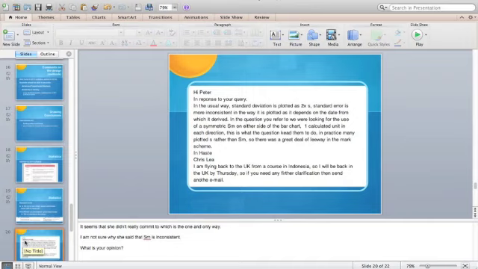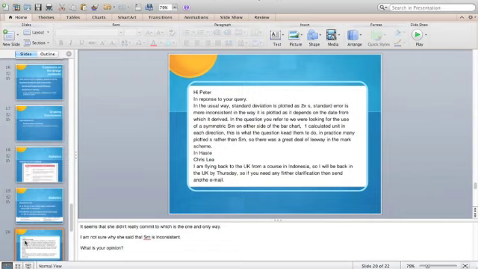If you read the reply, it seems to me that she didn't really commit to which is the right way, or explain in detail. She just said that both are accepted. It's just that if we use standard deviation, it must be 2 times standard deviation.